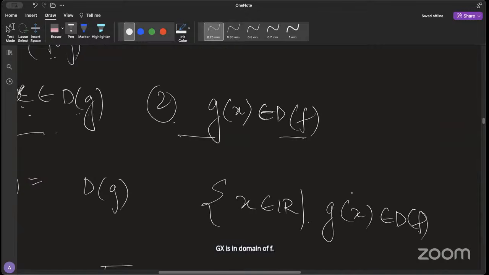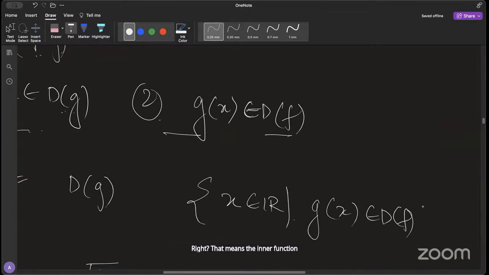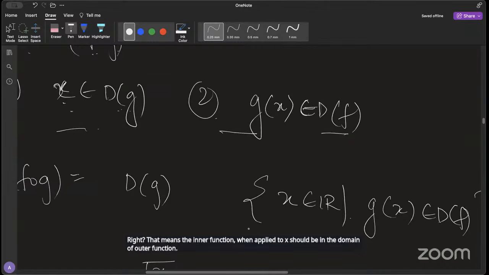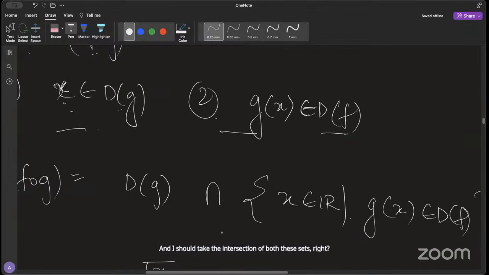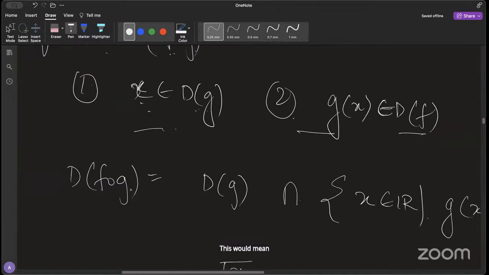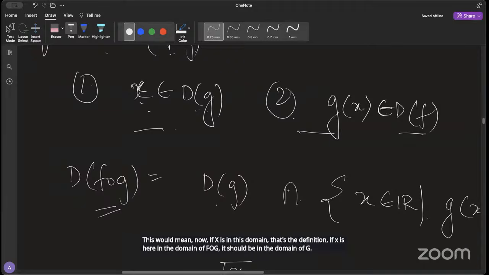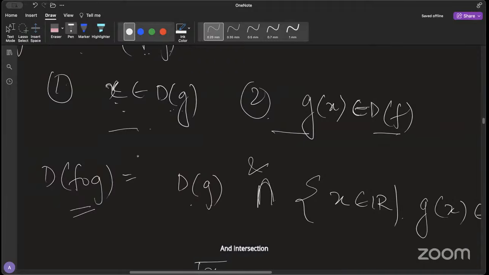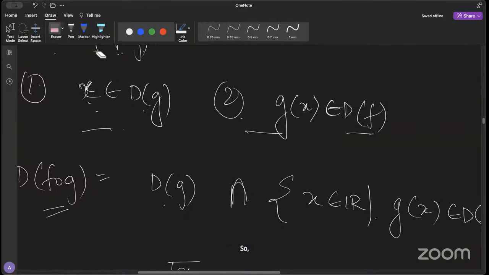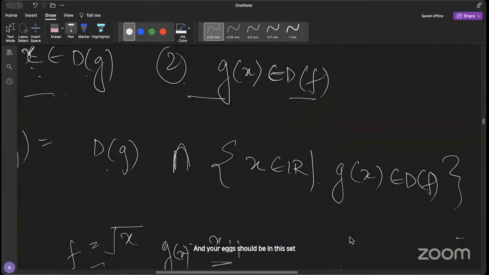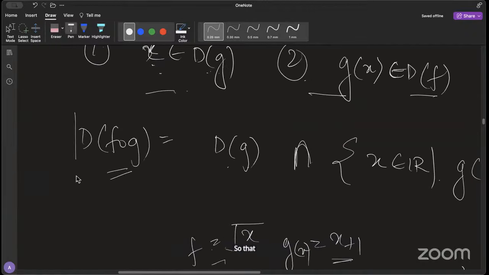That means the inner function applied to x should be in the domain of the outer function. And I should take the intersection of both these sets. If x is in the domain of f∘g, it should be in the domain of g, and intersection means and. So your x should be in this set and your x should be in this set as well. That's your domain of f∘g.